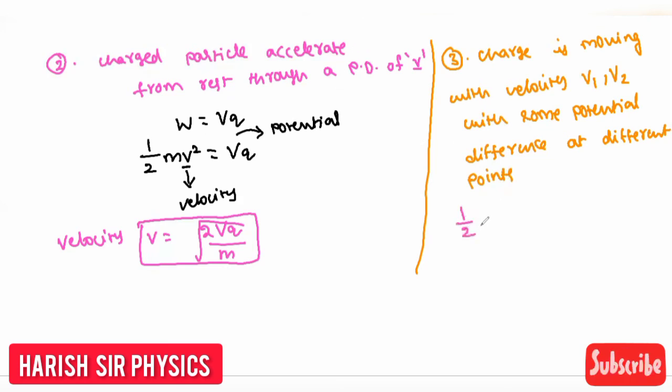Then half into M into the change in kinetic energy, V2 square minus V1 square, is equal to work done. So Q into the potential difference, we can write as V1 minus V2. These are the potentials, and these are the velocities.